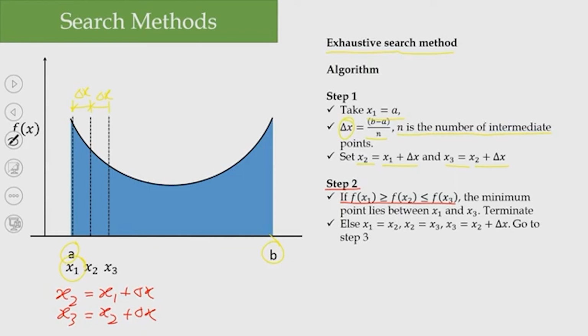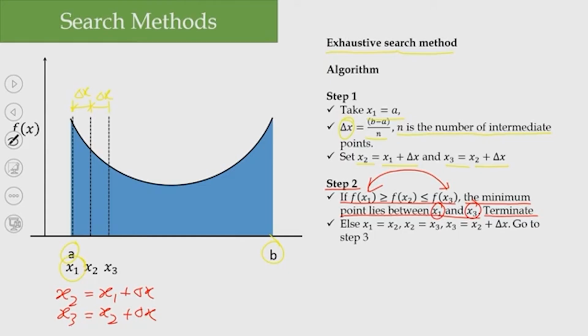If this condition is satisfied, the minimum point lies between x1 and x3. Then we terminate the search process. We say that the lower bound is x1 and the upper bound is x3.